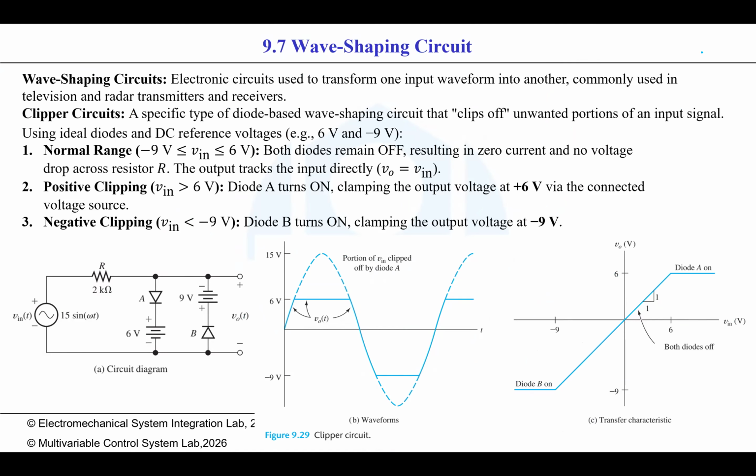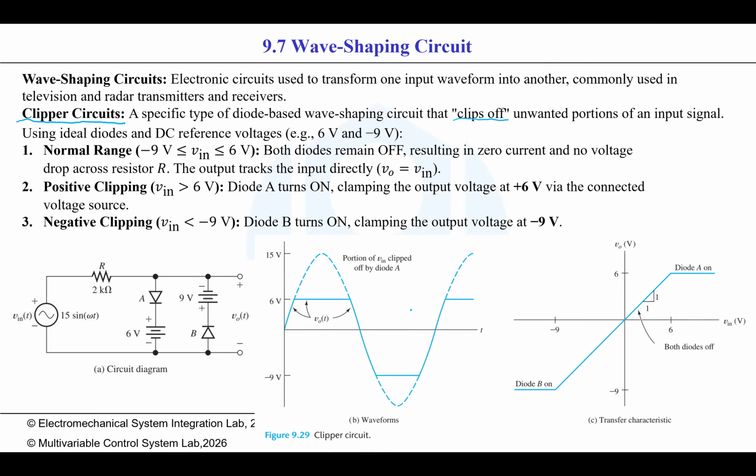Let's introduce the first kind of wave shaping circuit, which is called the clipper circuit. It is a specific type of diode-based wave shaping circuit that clips off an unwanted portion of an input signal. It is used to protect electronic devices because it limits the upper bound.